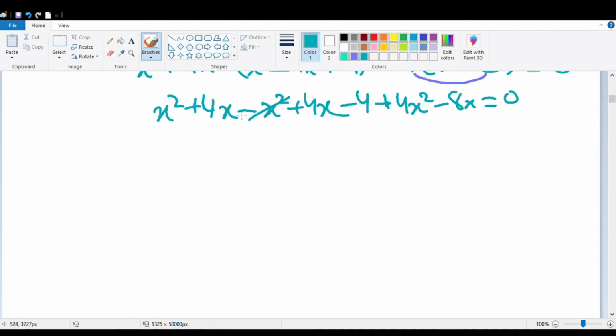So this x squared and this x squared cross out, and this 8x and these two positive 4x's cross out, and we get 4x squared minus 4 is equal to 0.